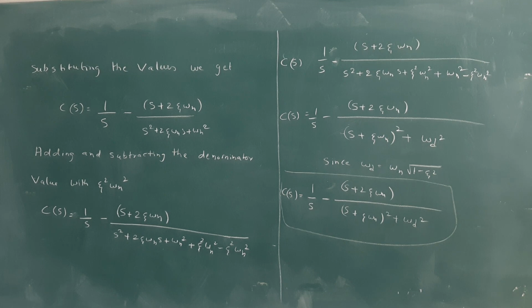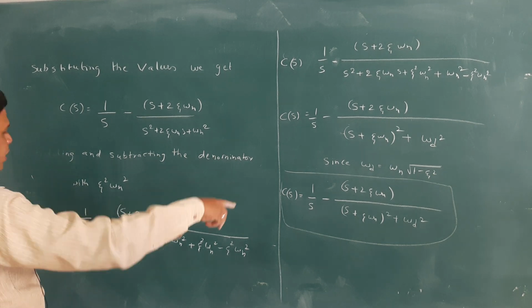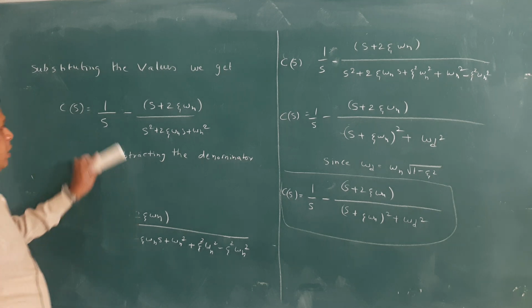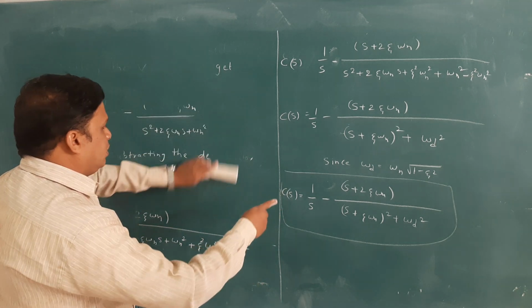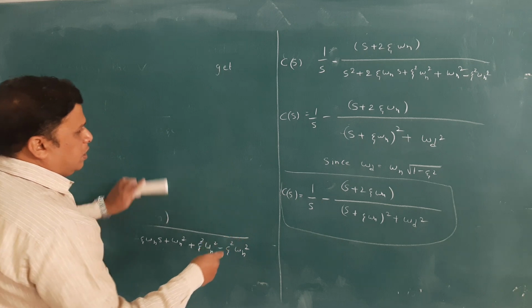Now we can also make this equation into a small equation. The equation is given as C of s is equal to 1 by s minus (s plus 2 zeta omega n).